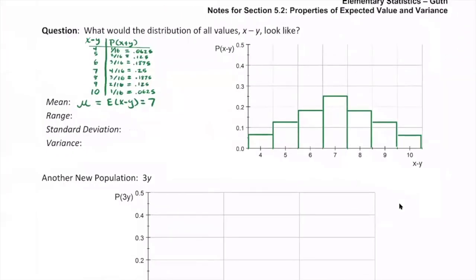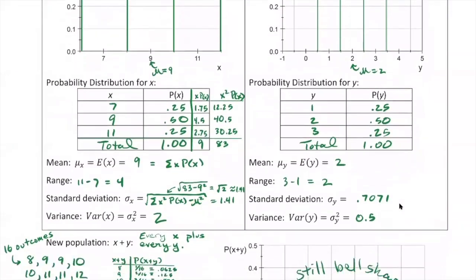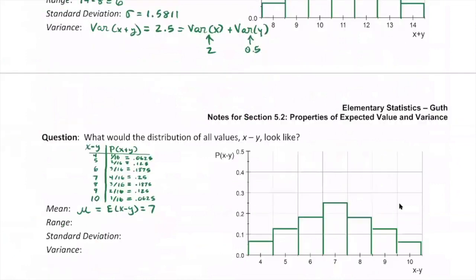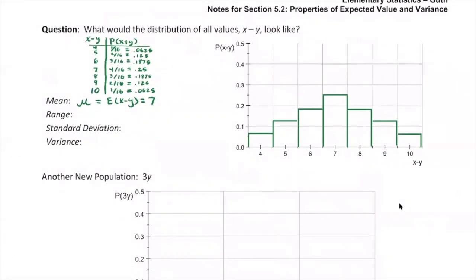And when you look at the other means, the mean for x was 9 up here, and for y, the mean was 2. So when you subtract the values, the mean's going to be 9 minus 2, which is exactly what we saw in the picture. The mean is 7. That's 9 minus 2, and that's the expected value of x minus the expected value of y.